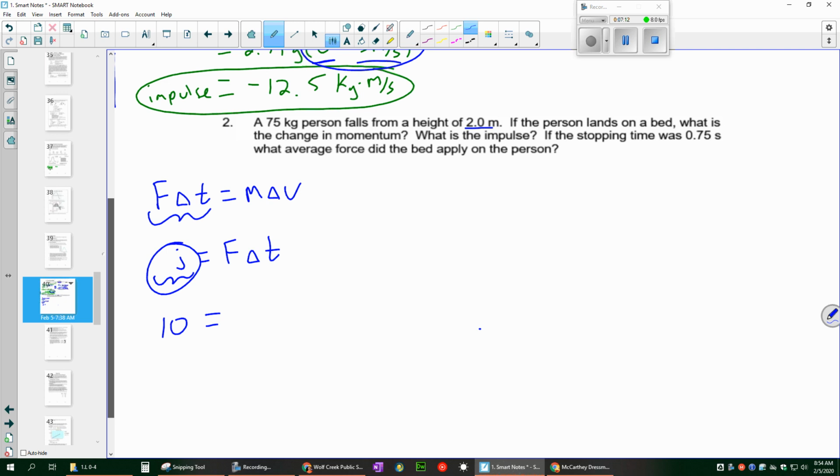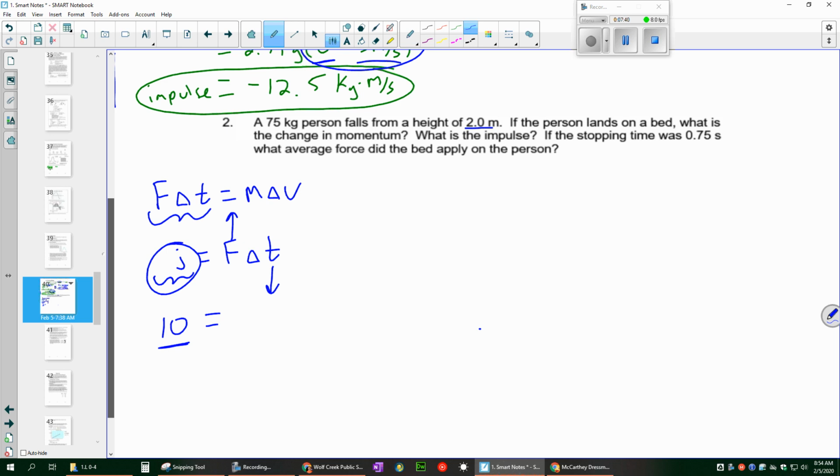Now, if I want to keep that number the same, can you see that if I made my force bigger, what would have to happen to the time to make it work out the same? It would get smaller. So big force would equal small time. And doesn't that make sense? If you were in a car and you smash into the wall, if it happened instantly, within a fraction of a second, that's a big force being applied on you.